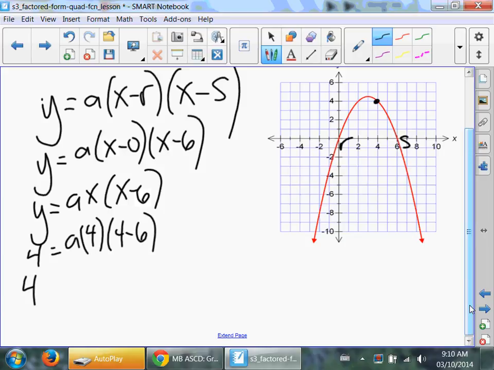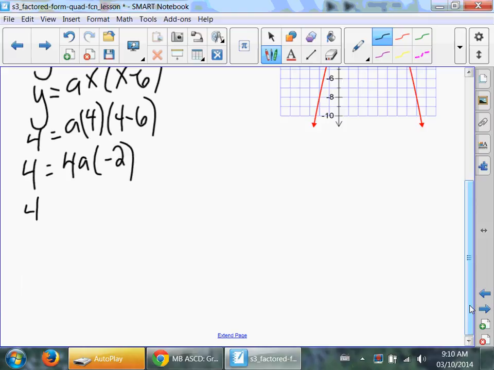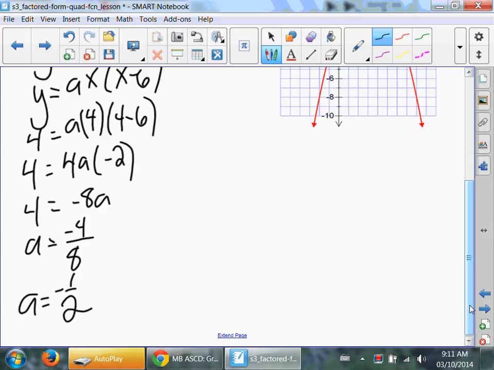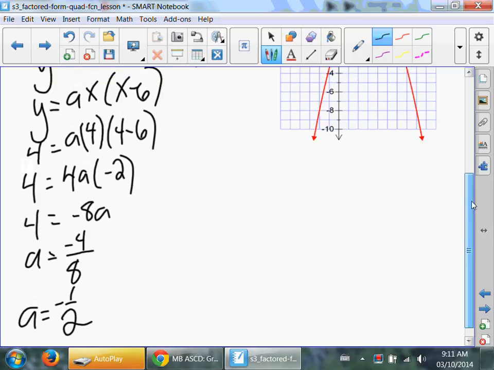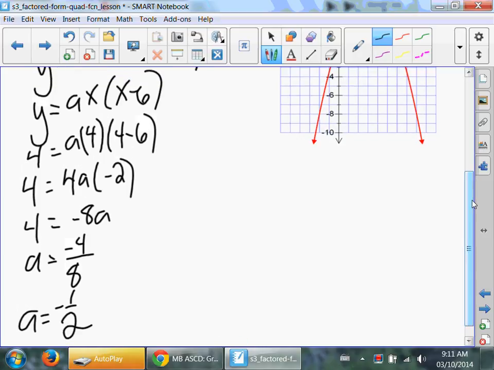So we get 4 equals 4a times negative 2. 4 equals negative 8a. a equals negative 4 over 8. How do I like that? Not bad. Going to simplify it. That's negative 1/2.